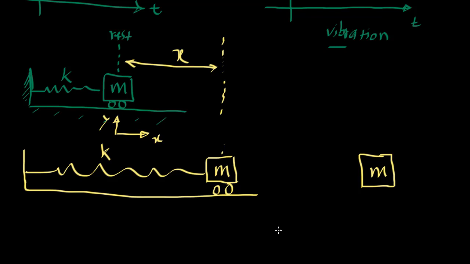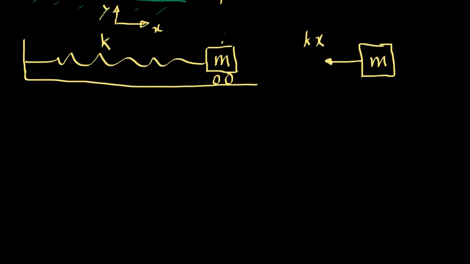We have this mass here, and the force of the spring, which would be k times x, in the leftward direction because the spring is stretched. It wants to go back to its initial rest position. We don't draw the forces in the y direction because the particle is not moving in the y direction. There we have N, the reaction of the surface, and mg, the force of gravity, which cancel each other out. So this is the only force acting on this particle.